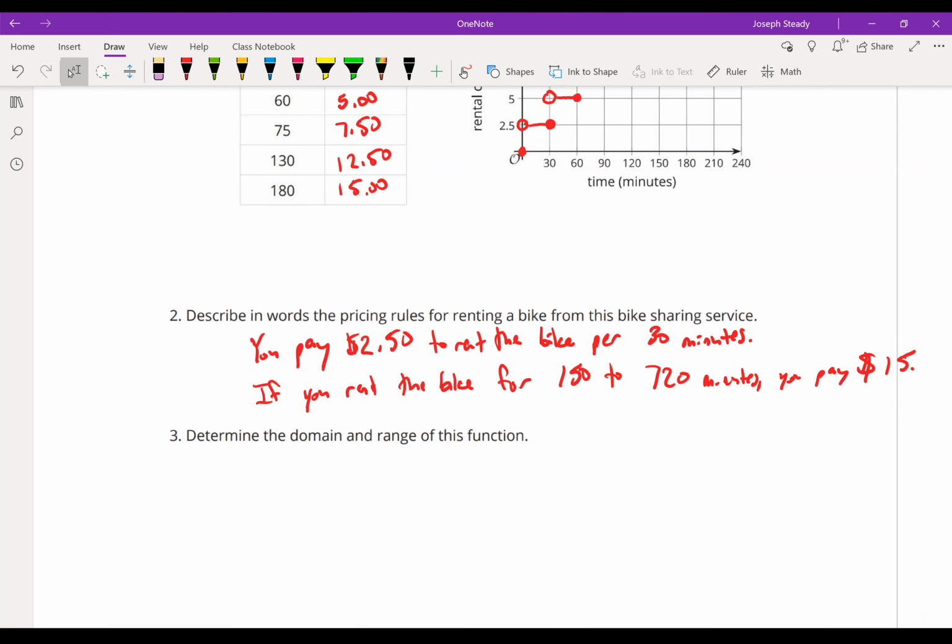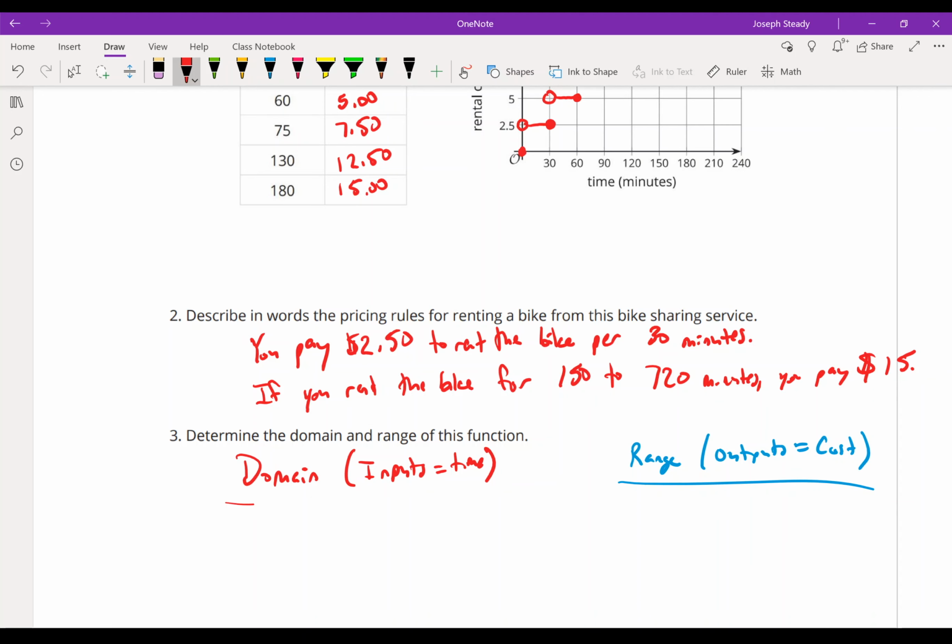And the last part here, determine the domain and range of this function. Now remember, domain, these are our inputs, which in this case is time. And then range in this problem is our outputs, which in this problem is cost. So, what's our domain here?